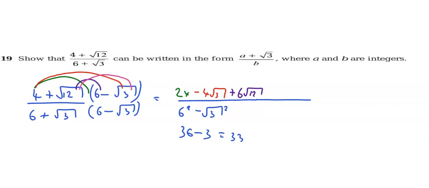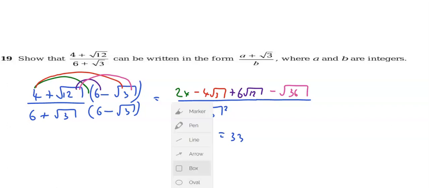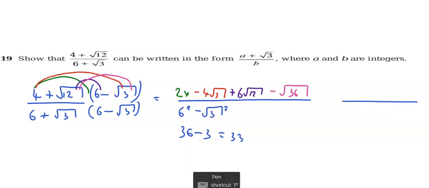Root 12 times root 3 minus root 36. So what I have on the top there, if I look, I've got 24 minus 6, so there is 18. And I have got minus 4 root 3 plus 6 root 12.